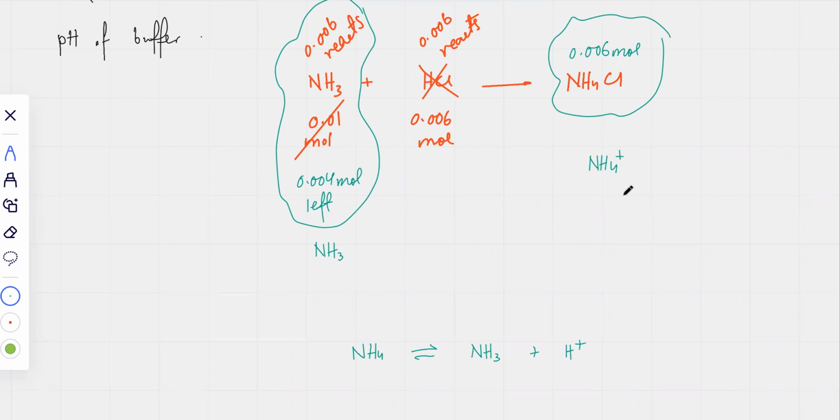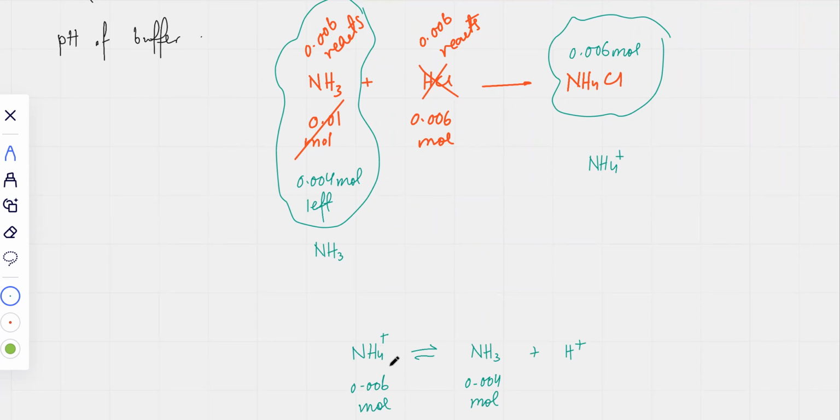And the moles of NH3 are 0.004, and the moles of NH4+ are 0.006. Okay, so you've got 0.004 moles and 0.006 moles of this.